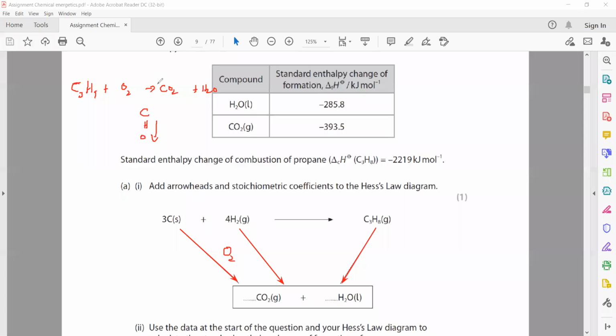Carbon 3, so we put 3, carbon is balanced. Hydrogen, we have 8, 2 are already there, so we put 4 multiplied by 2, that makes 8. And what about oxygen? 3 multiplied by 2 is 6, plus 4, that is 10. So we need 10 oxygen atoms, so we write 5 O2. For both equations, we'll have 5 O2, and here the coefficient will be 3, and here the coefficient will be 4.